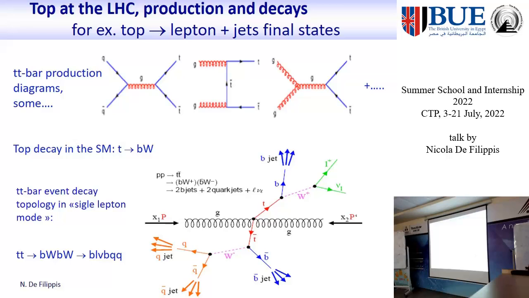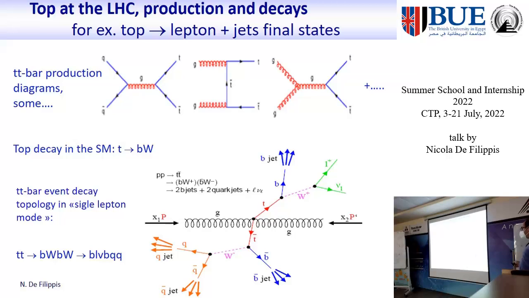And then the b quark hadronizes, giving a b jet, so with b mesons, while for example the W can decay in lepton and neutrino or in q q-bar. So according to the different decay chain of the top and the t-bar, you could have a different final state.